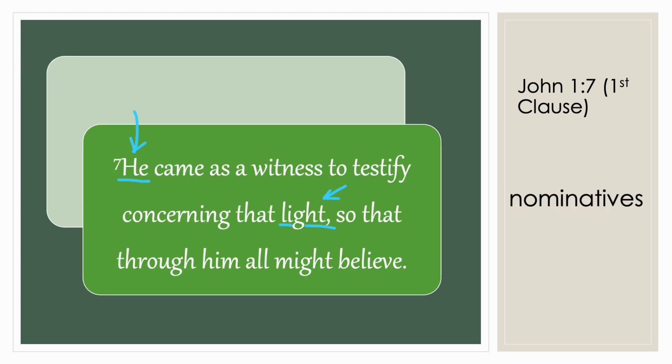Well done if you got the answer correct. The nominatives are both the pronoun he and the noun light. So why is that the case? Well, the word he and the word light are both subjects of this verb, not objects of it. To be an accusative, the second noun would have to be the object of the verb being done by the nominative.